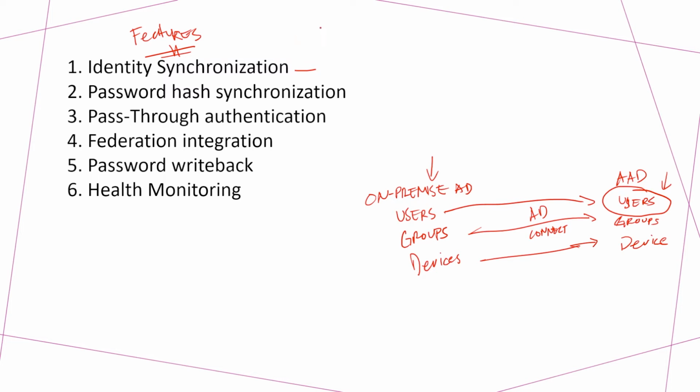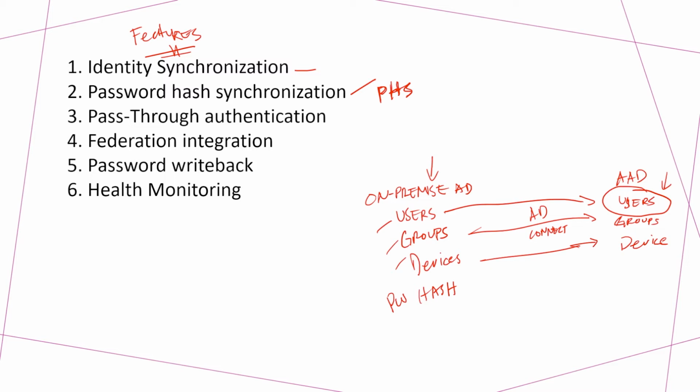Right, so the next feature that it provides is the password hash synchronization, or also known as PHS. Just in case you see that in the exam, that's the password hash synchronization. So what password hash sync does is it's a feature that synchronizes the password hash, instead of the password itself, from on-prem AD to Azure AD.